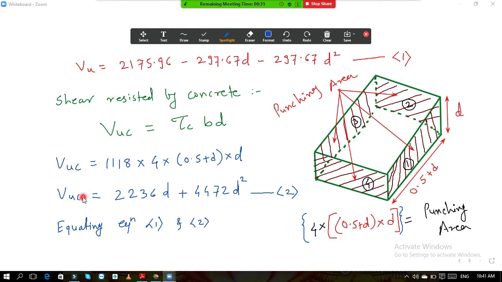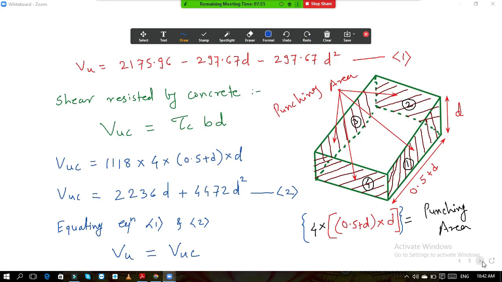We don't want to provide stirrups in the footing. That is why we want that whatever shear force is produced in the footing should be resisted by the concrete. That is why we are equating equation 1 and equation 2. So here, in mathematical form, VU must be equal to VUC. Whatever shear force is developed is resisted by concrete.